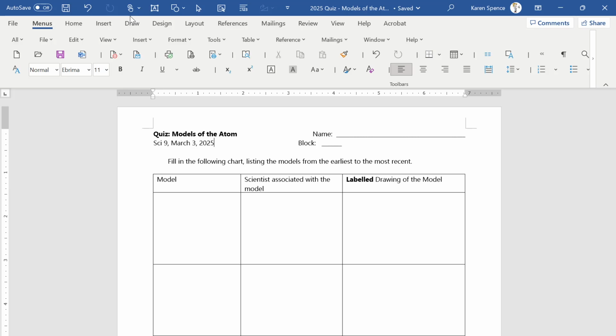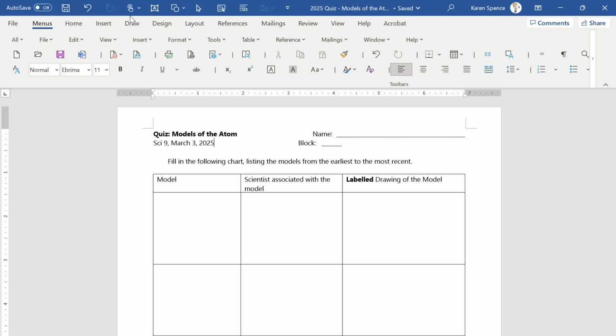And there's going to be a quiz on Monday on the models of the atom, and I'm literally going to give you a copy of it right now so you can practice. You've already done it at least once or twice. It's pretty much what's on the cover of your book. Okay, I will hand this out so you've all got a copy to take home with you.